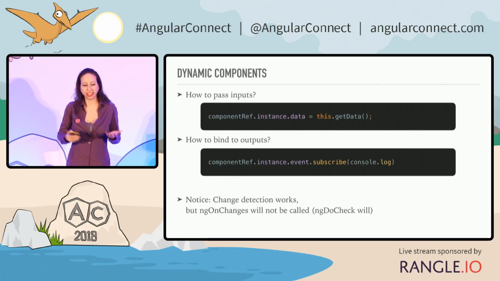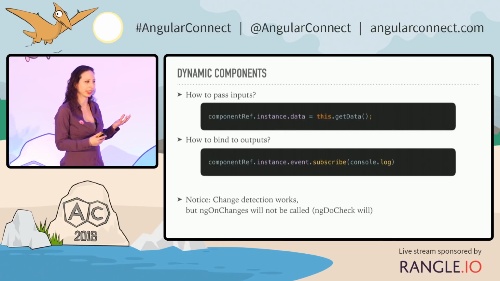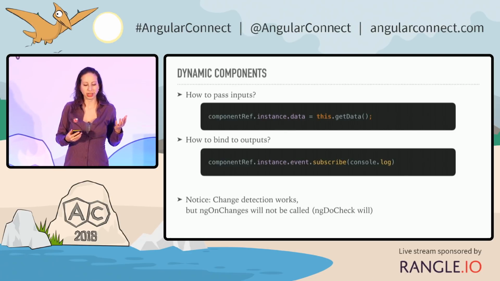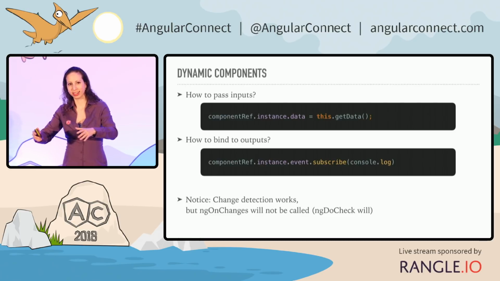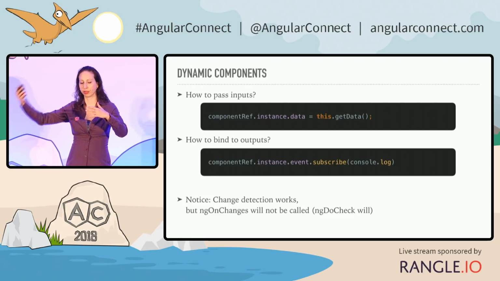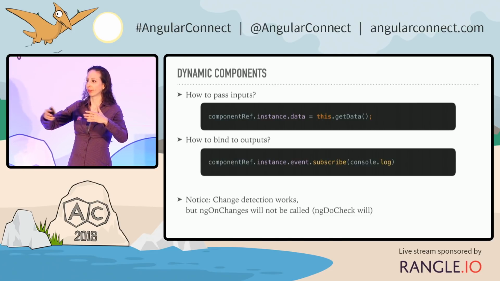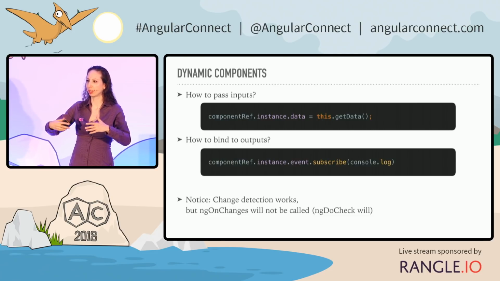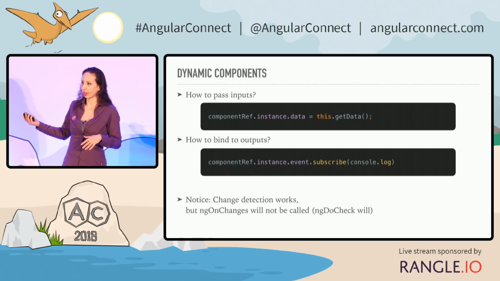How do we pass inputs and outputs? Well, if we do hold the instance of the component ref, it has the instance member on it, which is actually the instance of the component itself, of the class. And we can connect to all its members and events directly, as long as they're public. And so this is something we can do.